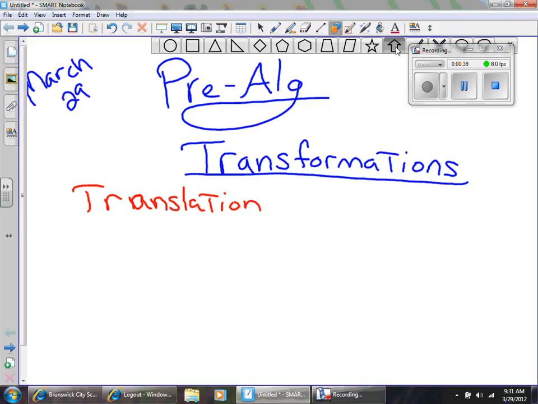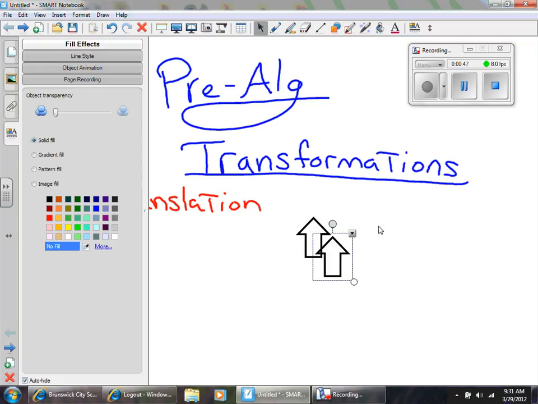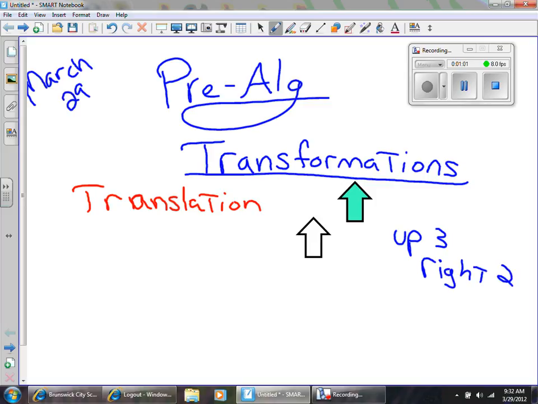So if I have this arrow right here, maybe it moved up 1, 2, 3, over 2. So it would be up 3, right 2, or it could be expressed as 3 over 2. So that's a translation.